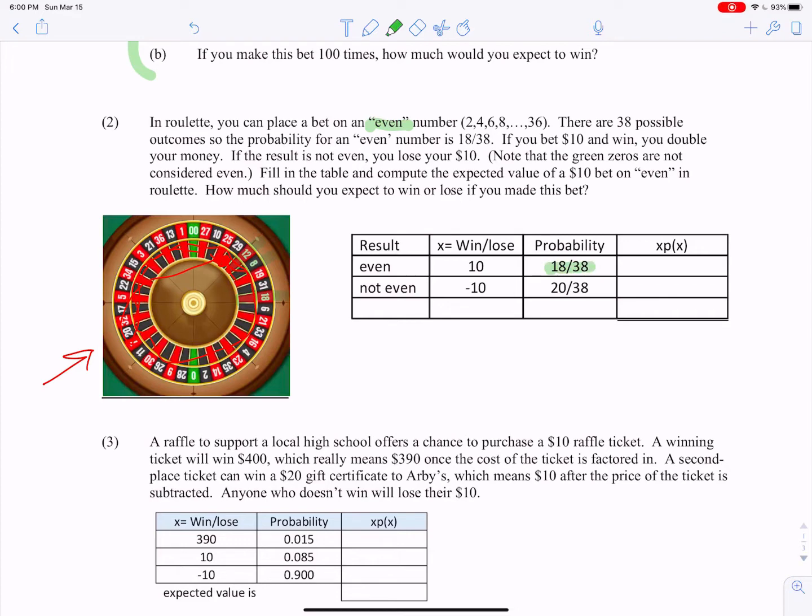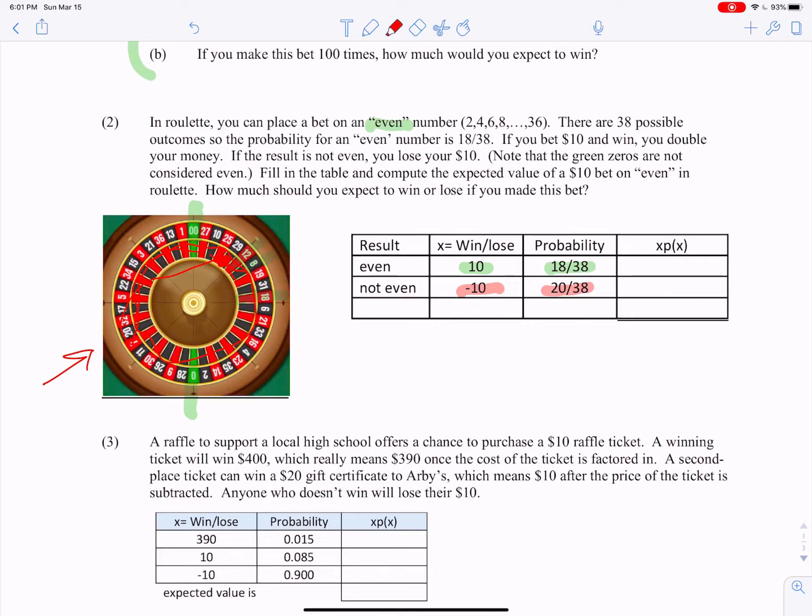Now, if you win that bet, you win $10. However, if you lose, meaning it's not an even number, also the green 00 right there and the green 0 right there, those do not count as even. So if you lose, the probability is 20 out of 38 opportunities to lose, and you would lose the same $10.